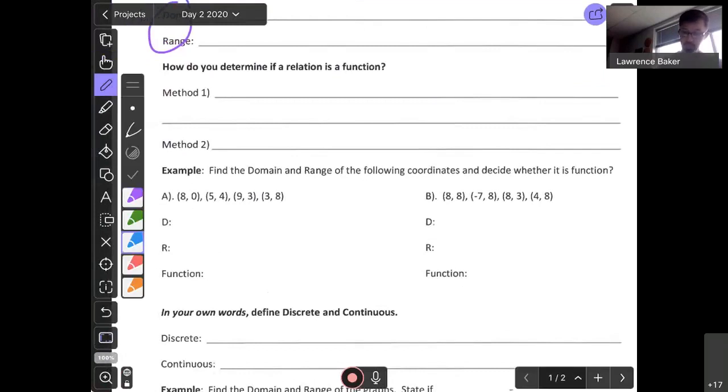But one of the ways to tell the difference between a relation and a function is visually with a graph, and that would be involving what's called the vertical line test. What that involves is, if you have a graph, you would draw a vertical line through it and see if the line hits more than once.